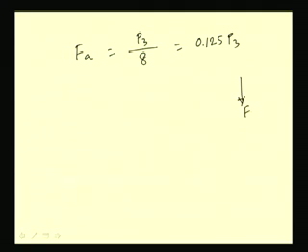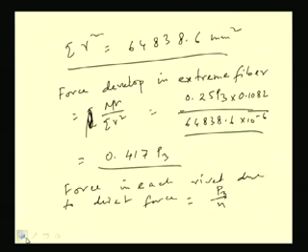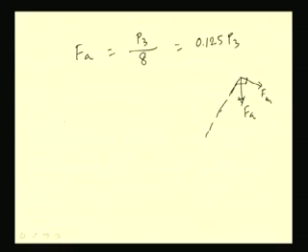So, one is vertically FA, which is 0.125 P3. Another, because of moment, acts at 90 degree angle to this radius, this is Fm, and we got Fm as 0.417 P3. So, FA we got and Fm we got.